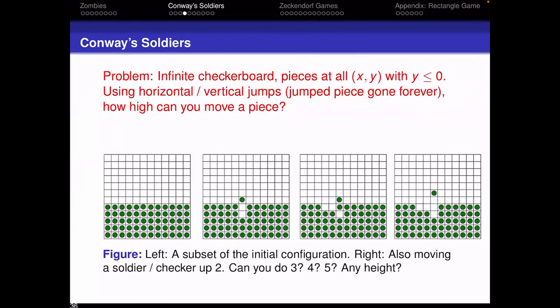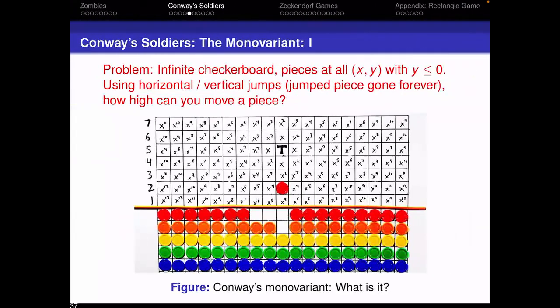What we want to do is figure out a good monovariant to put on something like this. Here's a picture that I stole from the web. What I like is that things are color coded, although I have trouble seeing the difference between the red and the orange on this screen. On my iPad, it's very clear that it's red and orange.